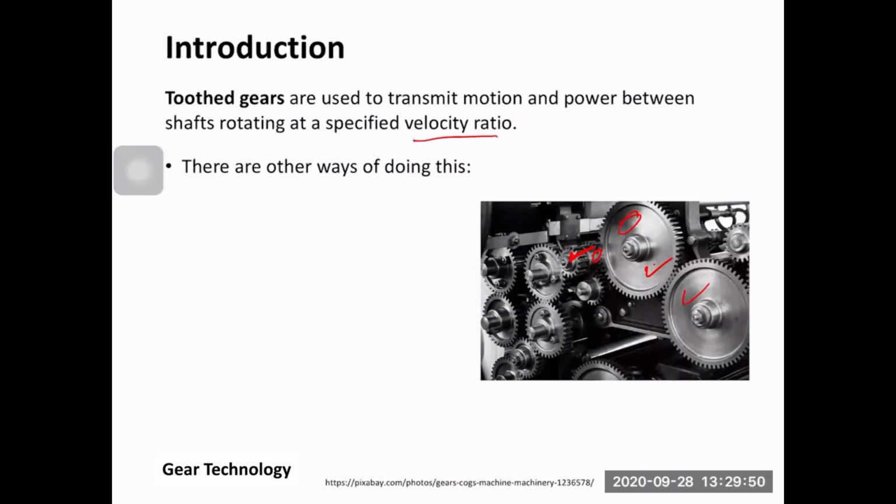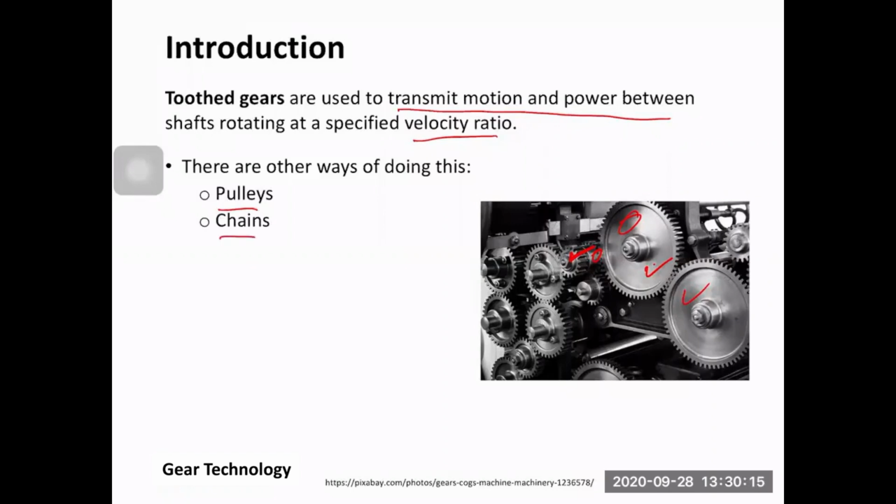There are other ways also of transmitting motion and power between shafts, okay? One way of doing this is using pulleys. You have two pulleys and a belt between them, so you can transform the power and the motion using a set of pulleys and belts. You can use chains.